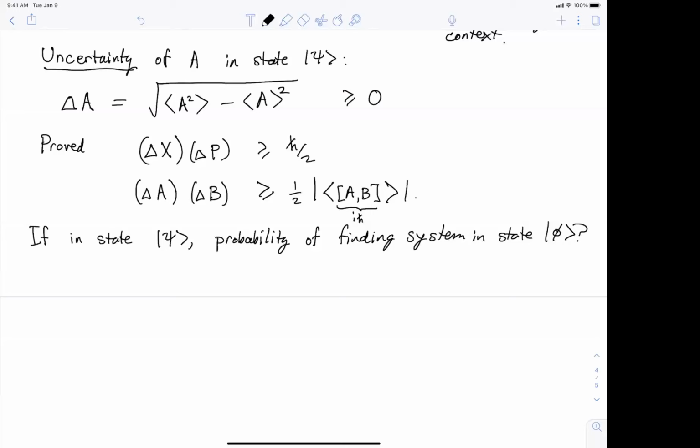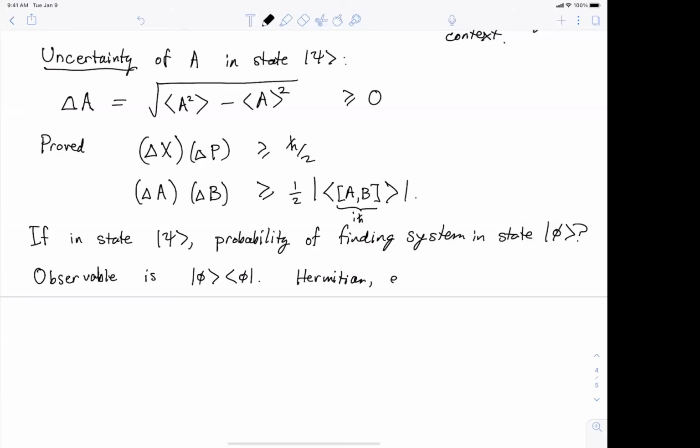Okay, so if we're going back to this, if we're in a state psi and we want the probability of finding the system in another state, so really we need an observable. If it's something we can answer physically, then there's an observable associated with it. And the observable in this case is the following operator. It's a projection operator. Okay, and it's Hermitian.